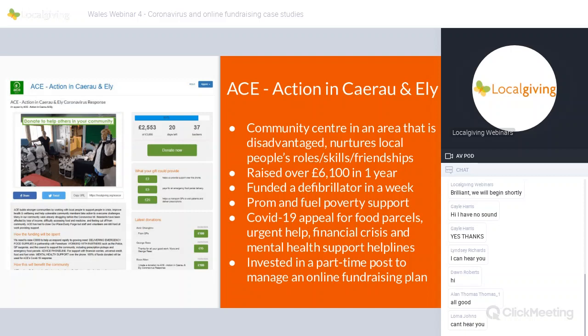This is an organisation that, again, has done some really interesting appeals, including during coronavirus. So ACE, they are a really good example of a community centre. They really do everything that community organisations should, and they're based in an area that is really disadvantaged and underfunded, and they really work to show the potential that's in that community and to nurture local people's skills.